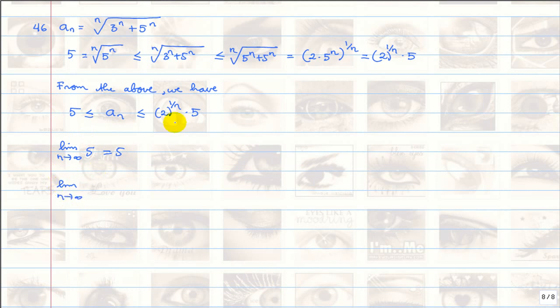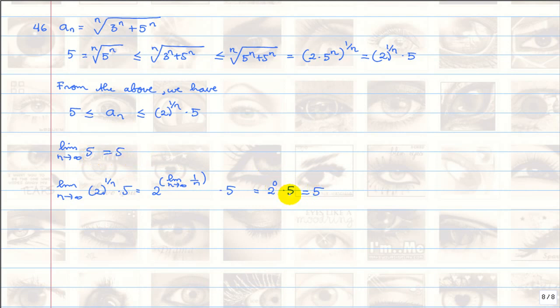Now the limit of the right sequence: again we can use the continuity, so it is equal to 2 to the power of the limit as n approaches infinity of 1 over n, times 5. As n approaches infinity, this 1 over n goes to 0. So 2 to the 0 times 5. But 2 to the 0 is 1. So 1 times 5 is 5.